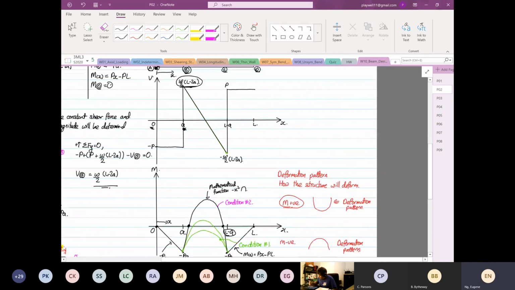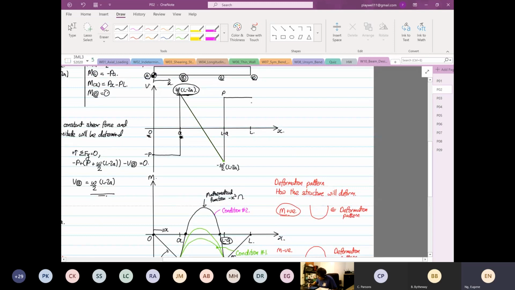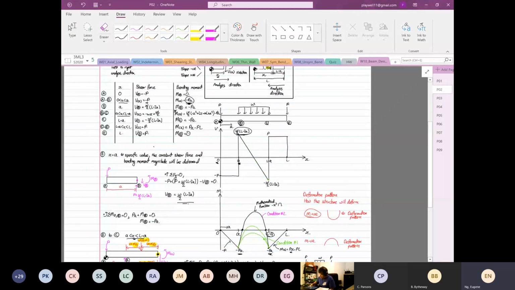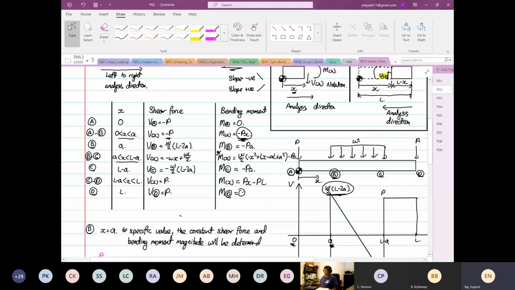So what you see is that all the shear force diagrams have to close, okay? So there you go. This is how our shear force and bending moment diagram is drawn, and now you have also formed your shear force and bending moment equations.